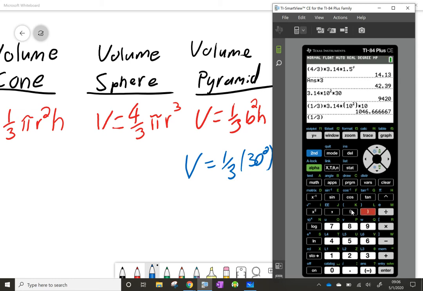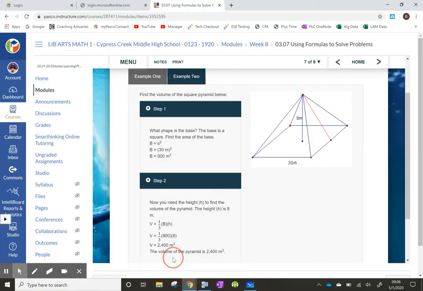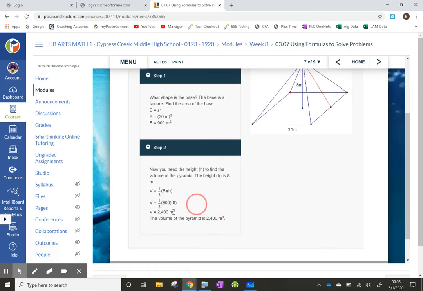The base being 30 squared. So let's type in 30 squared. And then lastly, we are multiplying it by 8 because that was the height. And we end up with 2,400. So volume equals 2,400 cubic meters. So there you go.